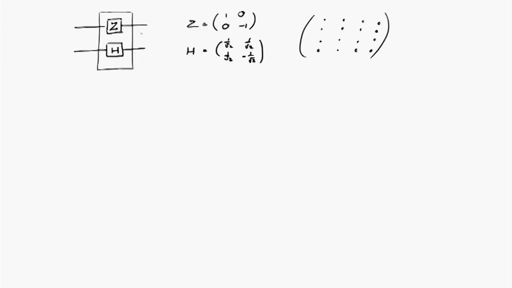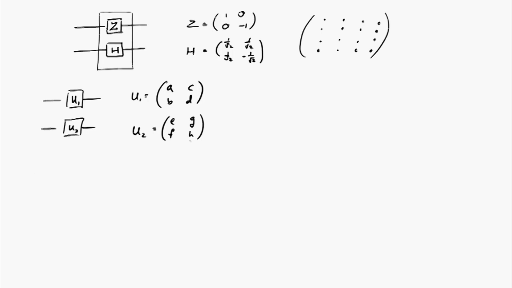So sometimes it's easier to solve such a question if you work in full generality. So let's say we applied U1 on the first qubit, U2 to the second qubit, and let's say U1 was A, B, C, D, and U2 was E, F, G, H. So what we want to understand is, what's U, the transformation that we effected on the 2 qubits together?